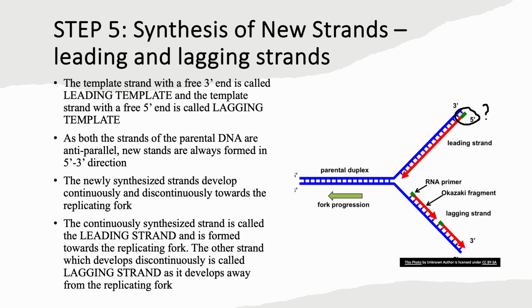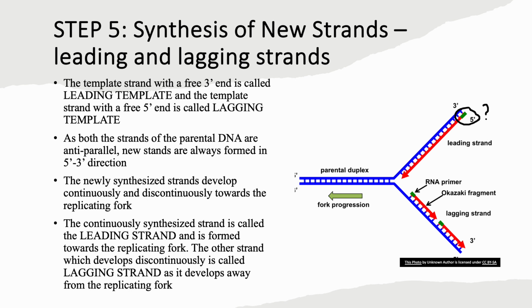Since the unwinding has occurred, one end will have the 3' end and the other one will have the 5' end. So the template strand which is ending with the free 3' end is called the leading template, and the other one which is ending with the free 5' end is called the lagging template.